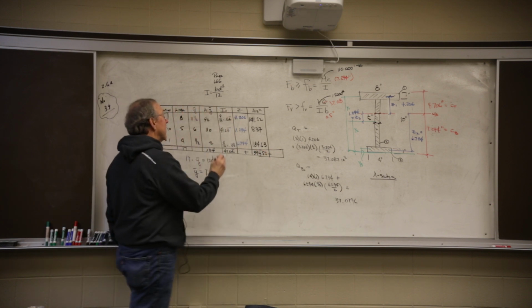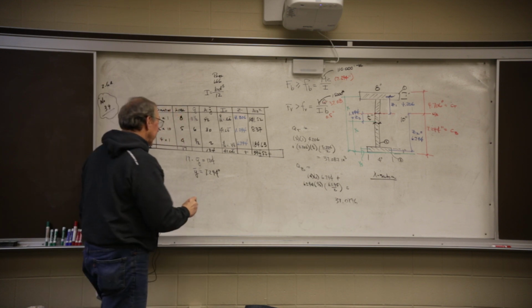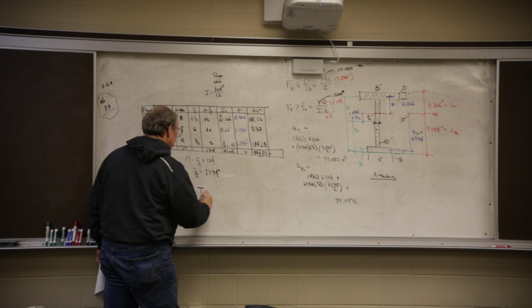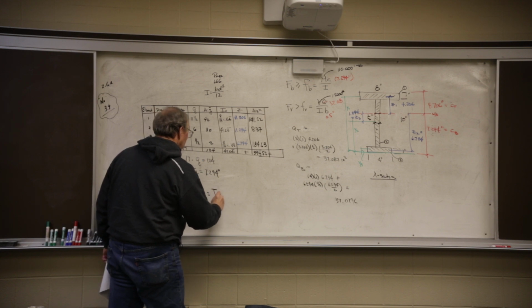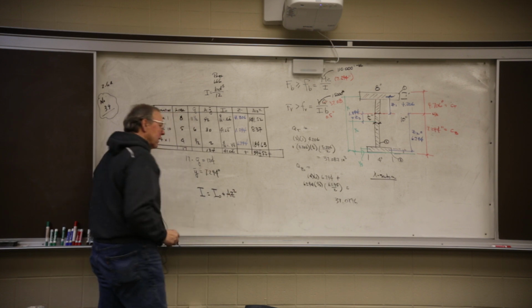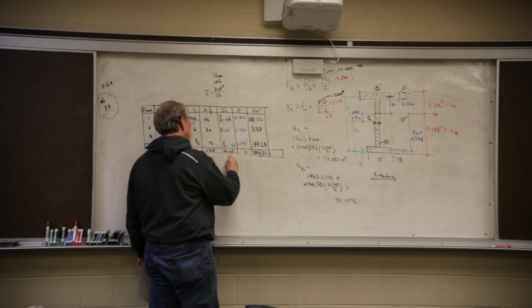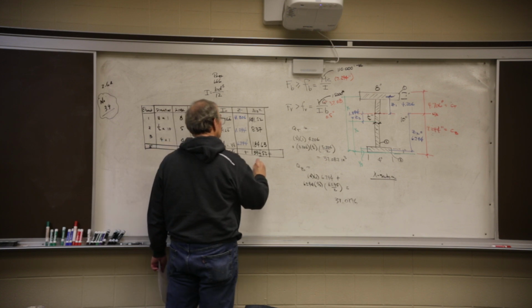So this is the equation. If you go to the appendix A8, you're going to find out that I equals IO plus AZ squared is the equation. Okay? This is the IO. This is the AZ squared.